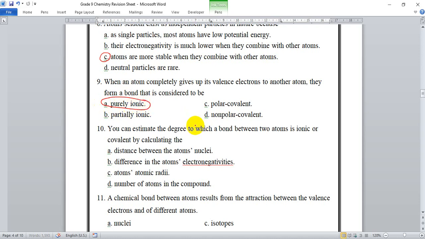You can estimate the degree to which a bond between two atoms is ionic or covalent by calculating the distance between the atoms' nuclei, the difference in the atoms' electronegativity, the atoms' atomic radii, or the number of atoms in the compound. So the choice will be the difference in electronegativity.